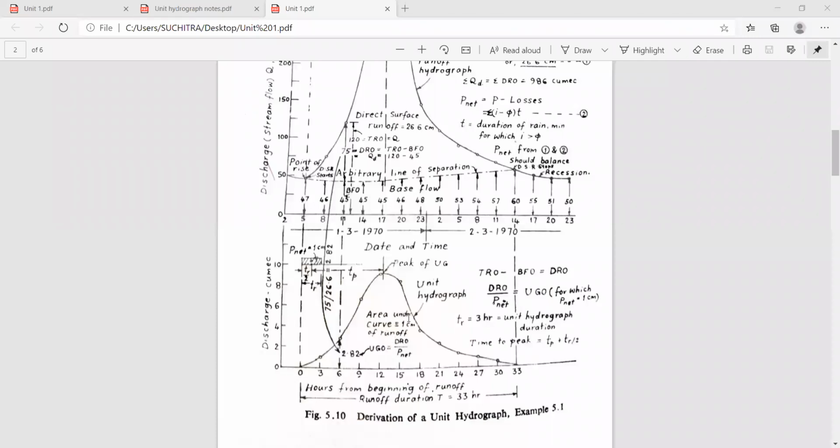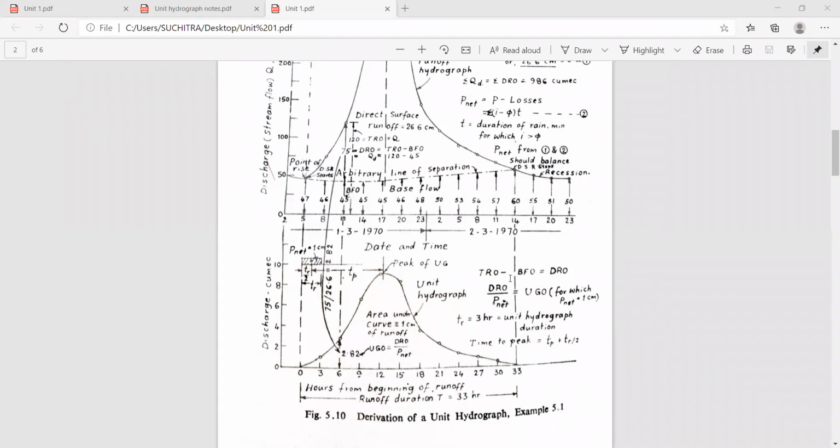Now the area under this curve will be equal to 1 centimeter, because the definition of a unit hydrograph is a hydrograph having unit duration, occurring uniformly over the catchment area, and which produces a volume of runoff equal to 1 centimeter.